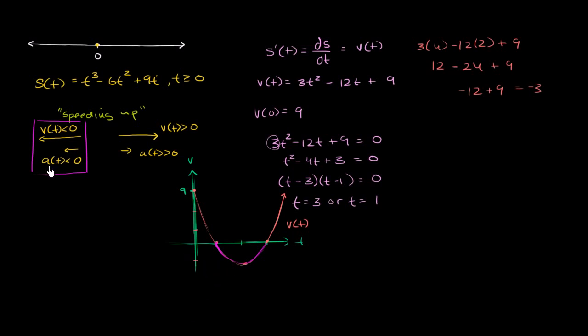Remember, the acceleration is the rate of change of velocity. We can write here that acceleration as a function of time is equal to the rate at which velocity changes with respect to time. Or we could write acceleration is equal to v prime of t, which is the same thing as the second derivative of position with respect to time. And so you could really think of acceleration as the slope of the tangent line of the velocity function.